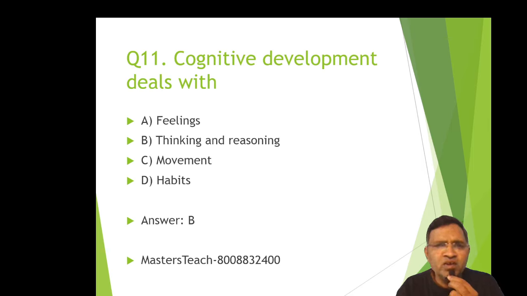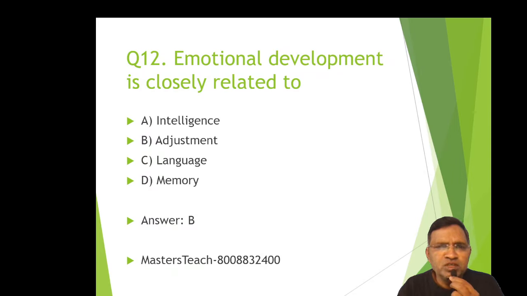Cognitive development deals with A, feelings, B, thinking and reasoning, C, movement, D, habit. The answer is thinking and reasoning, which are related to the cognitive development. Emotional development is closely related to A, intelligence, B, adjustment, C, language, D, memory.